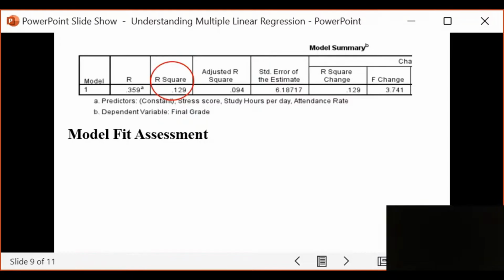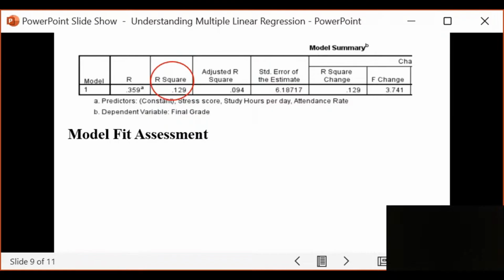But usually in APA format, we use the percent equivalent. So that would be equal to 12.9. Okay? This value represents the proportion of the total variance in the dependent variable that can be explained by the independent variables study hours, attendance rate, and stress score.